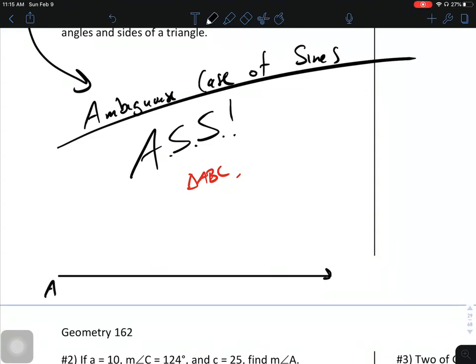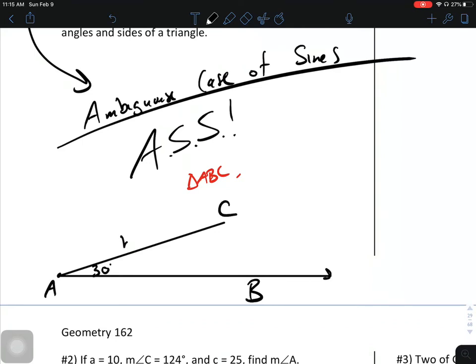So let's say that this is A, and we know that this is 30 degrees. Let's say that B is someplace on this ray. We don't know where it is. Let's say that C is definitely here. That's locked in.